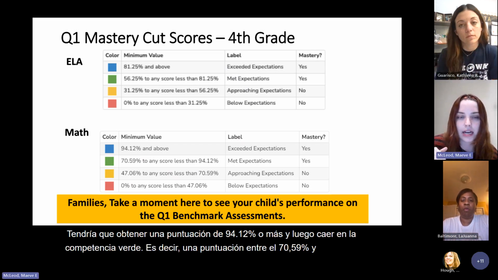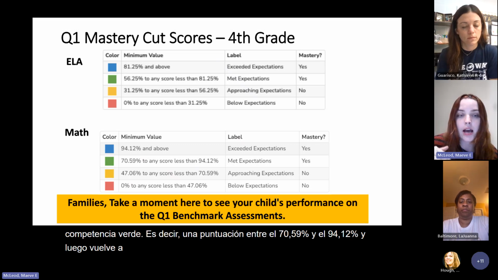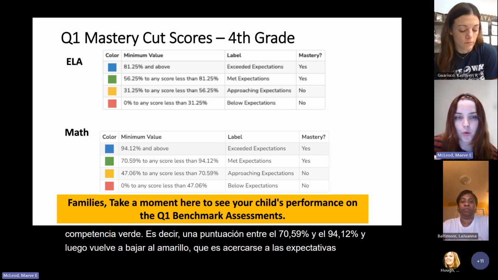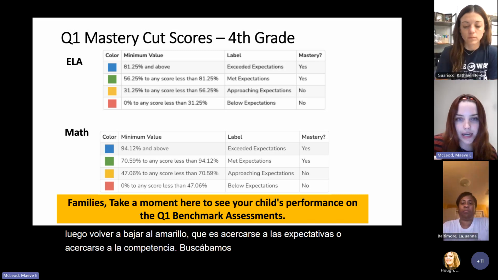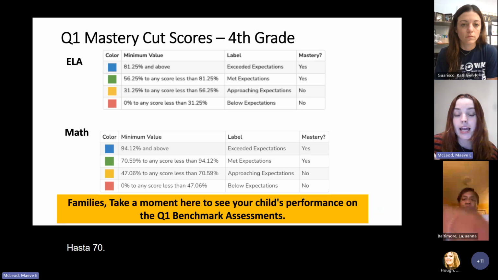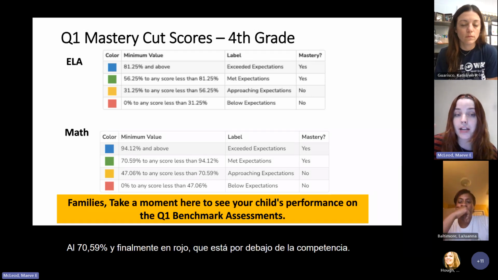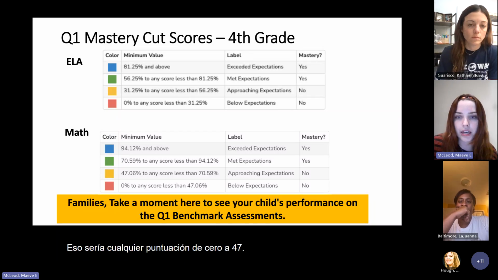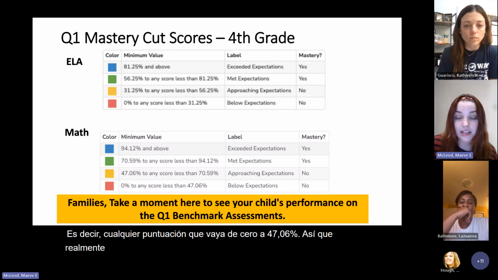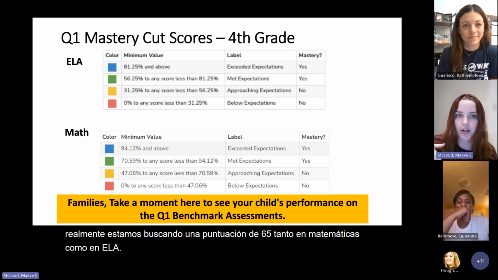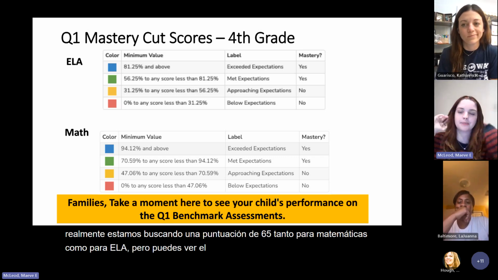The yellow, approaching proficiency, is 47.06% to 70.59%. And finally, in the red, which is below proficiency, is any score from 0 to 47.06%. So we really are looking for a score of 65 for both math and ELA, but you can see the breakdown here of the specific scores.